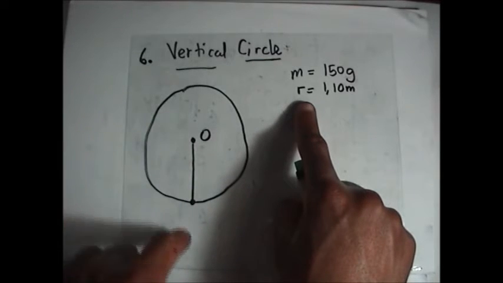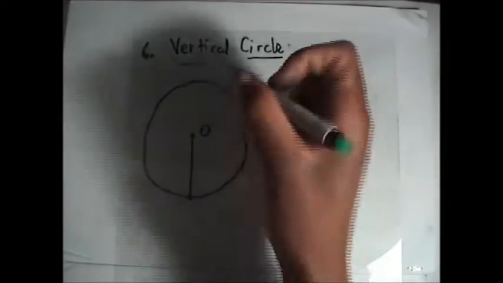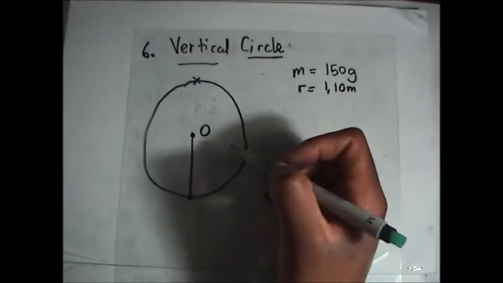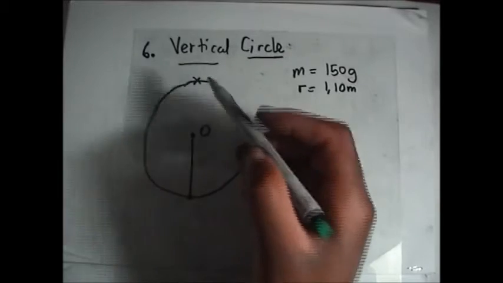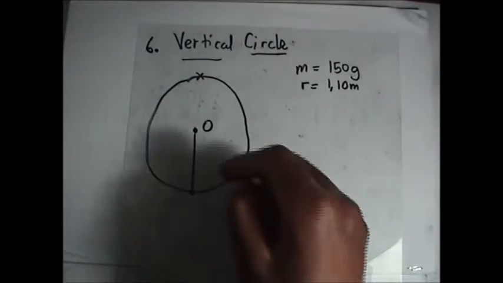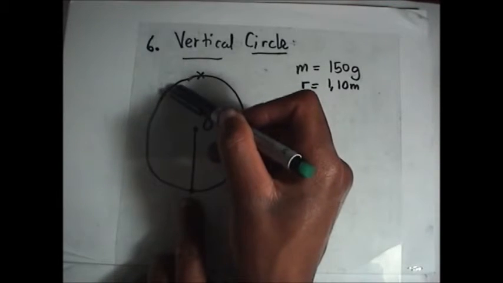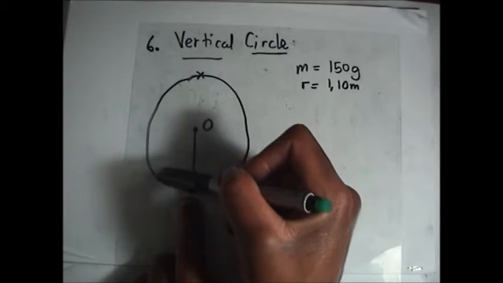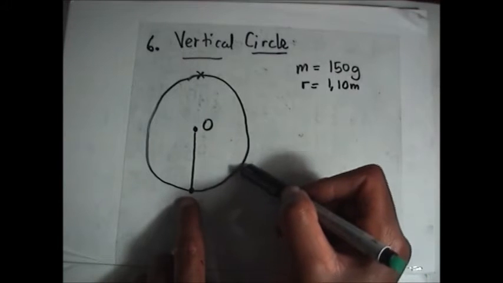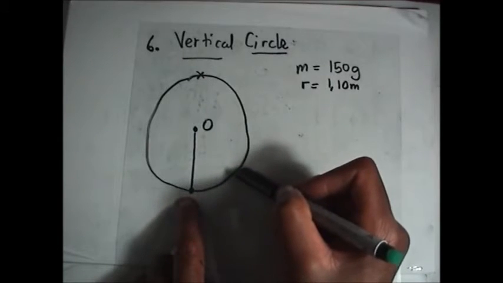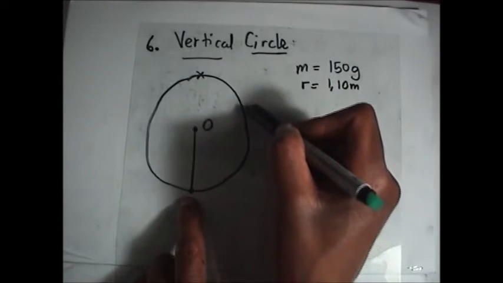Part A is saying determine the minimum speed the ball must have at the top of its arc, so that the ball continues to move in a circle. When something is rotating in a circle, here it will have the greatest speed because it is falling. As it is falling, it gains speed, right? And then it goes whoosh. But then when it starts going up, it starts losing velocity.